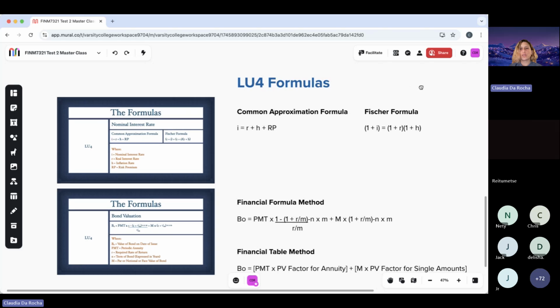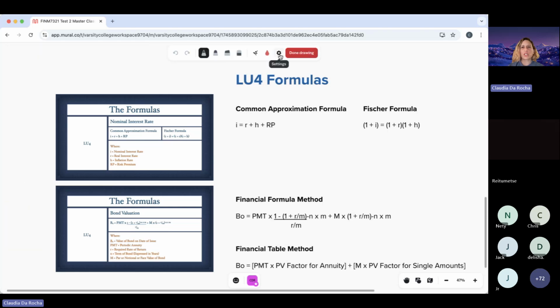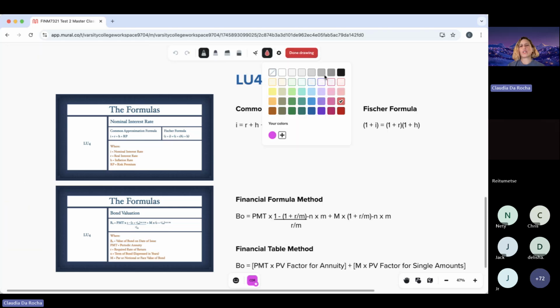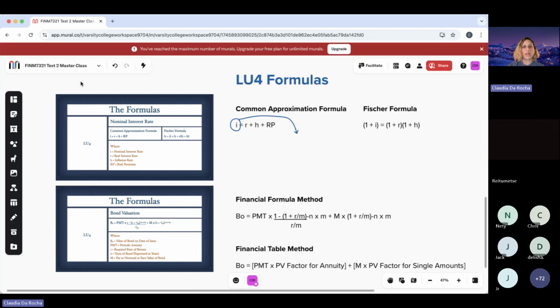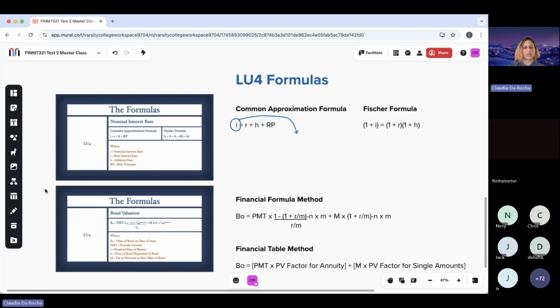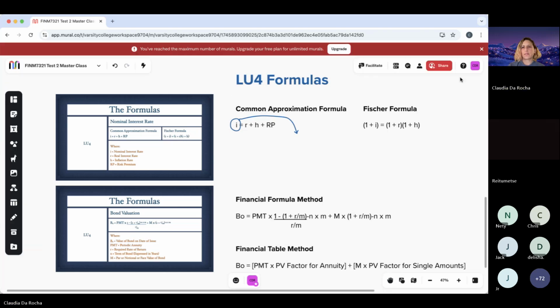All right, so with the Learning Unit 4 formulas, the first two that we need to know are the common approximation formula and the Fisher formula. With the common approximation formula, basically what we're trying to do is determine rates without inflation or rates with inflation. So this I is your nominal rate. Your nominal rate includes inflation.